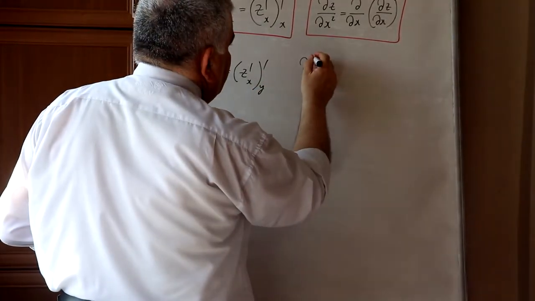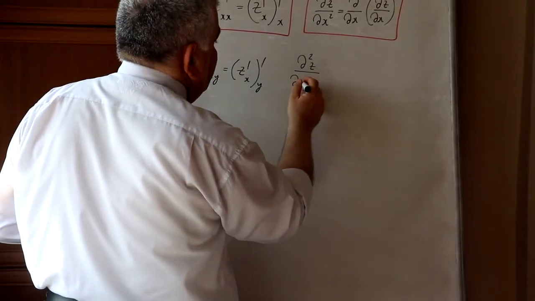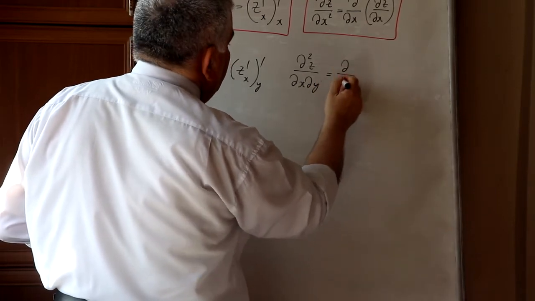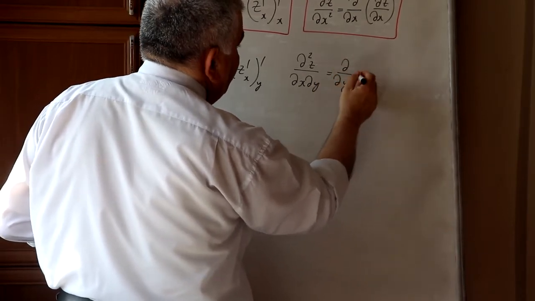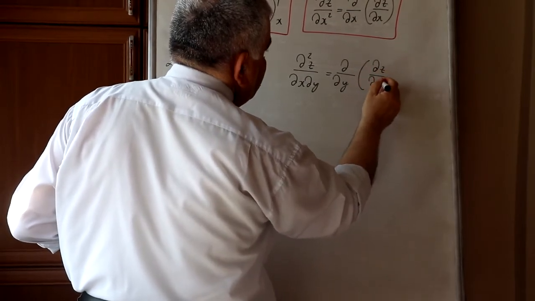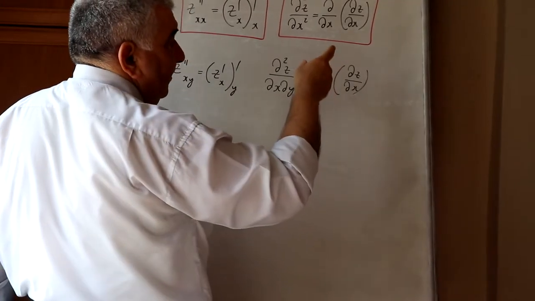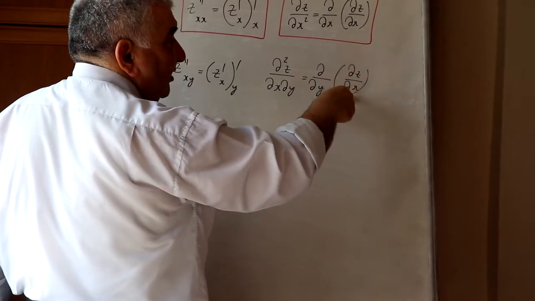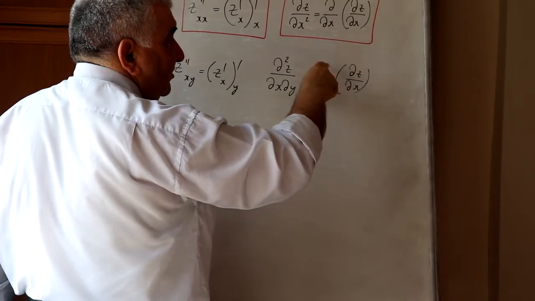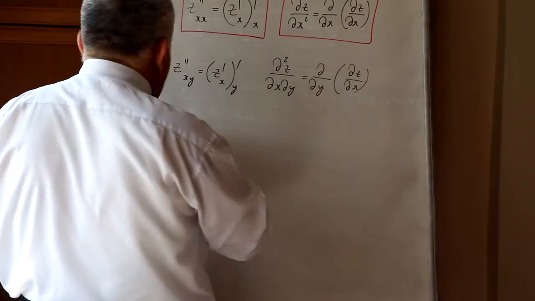Or d squared z dx dy. It is d over dy of dz over dx. First, the partial derivative with respect to x is taken. Then partial derivative with respect to y is taken.